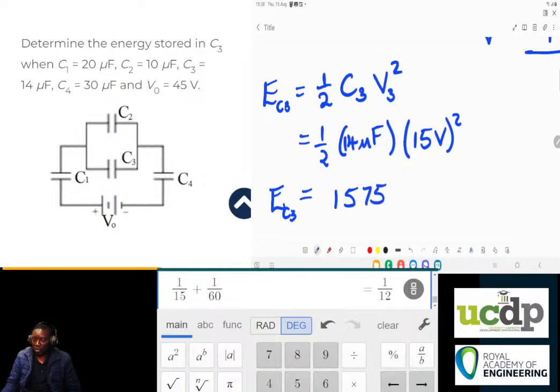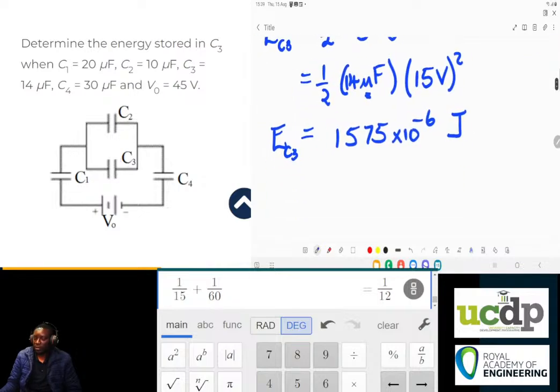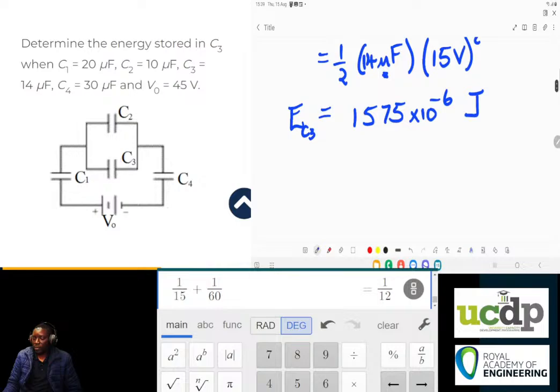Remember it's microfarads. Did you put the micro there? Oh yeah, so it's times 10 to the minus 6. Yeah, times 10 to the minus 6 for the capacitance. So that will be 1.58 millijoules. 1.58 millijoules.